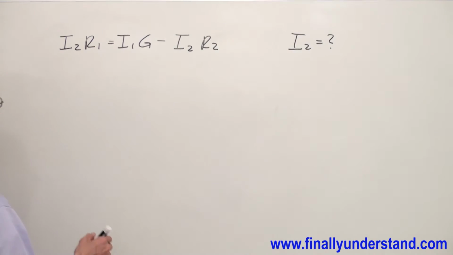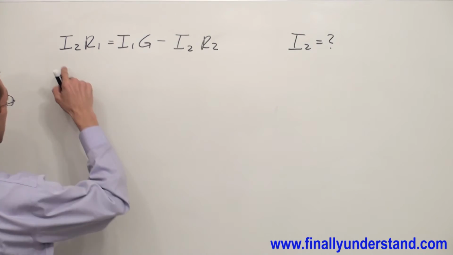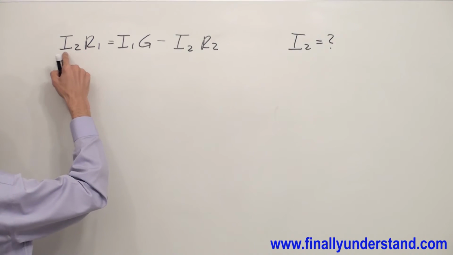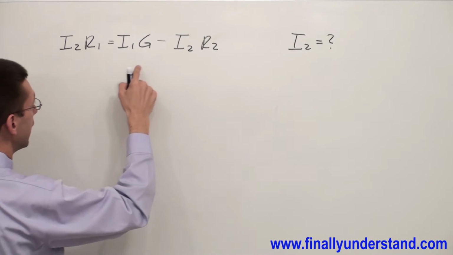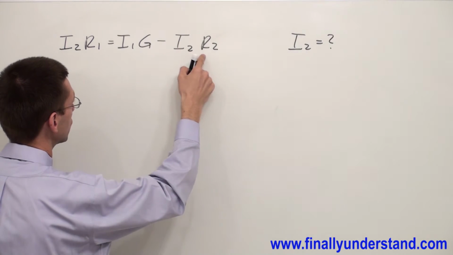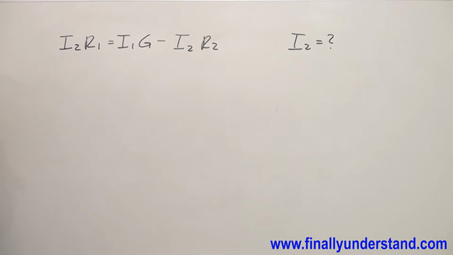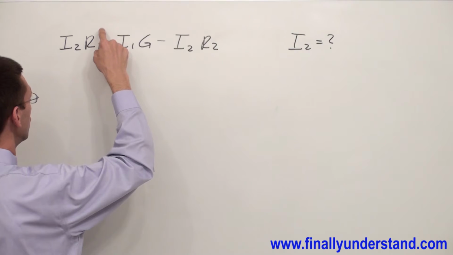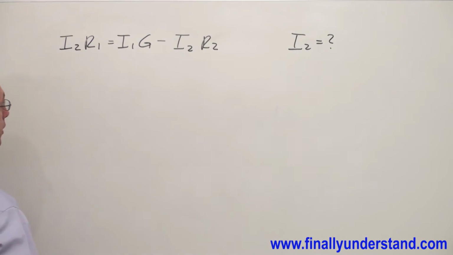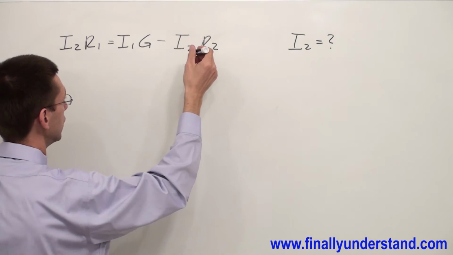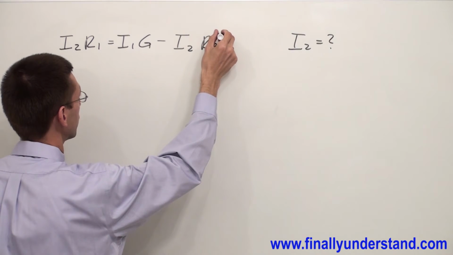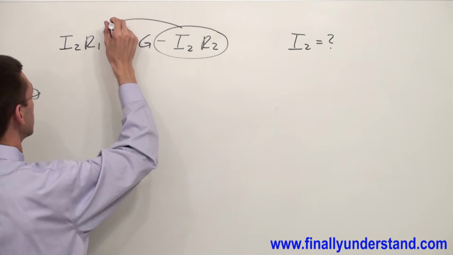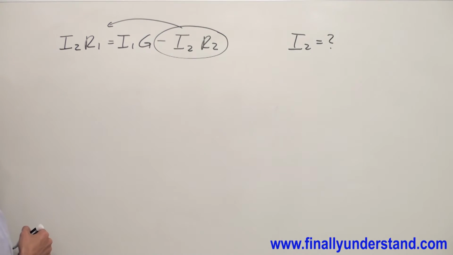Now, because I have no sign in front of this term, this term is positive, and I have a negative sign in front of this term, so it is negative. I'm going to take this term, which is negative, and move it to the left side to make it positive.